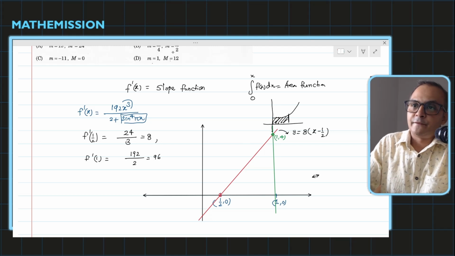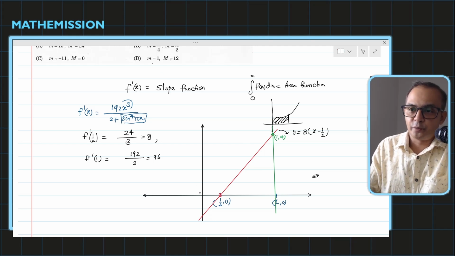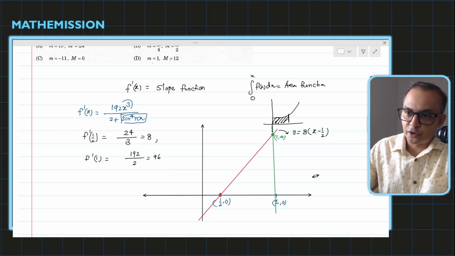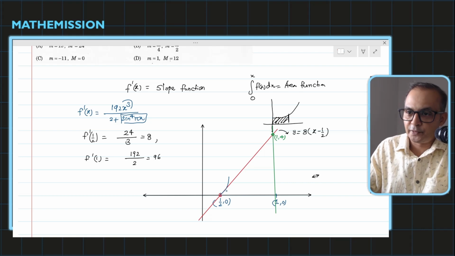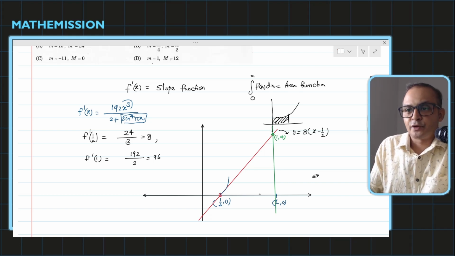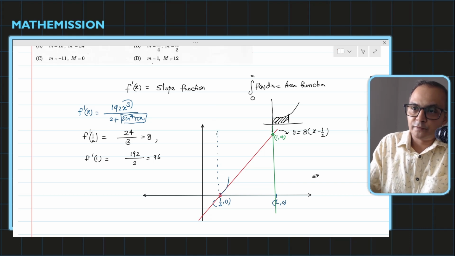Now, if you say that the curve slope at half is 8 and at 1 is 96, it means that if I try to draw a curve from here, that function will have the slope like this. But as soon as that curve goes to 1, what will happen? At 1, the value of the slope of this function will become 96.